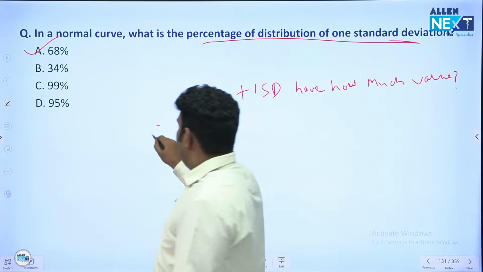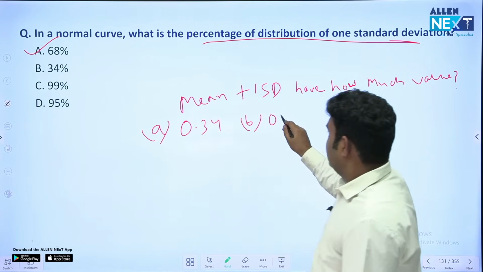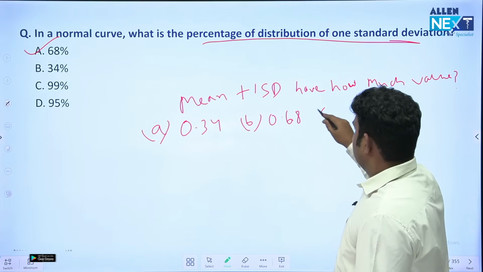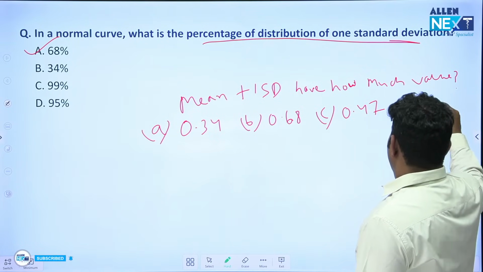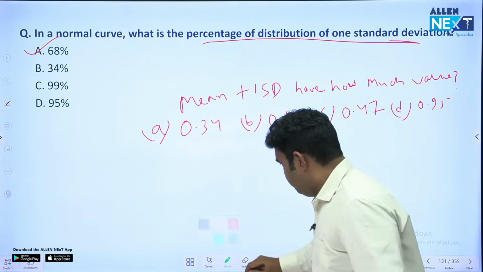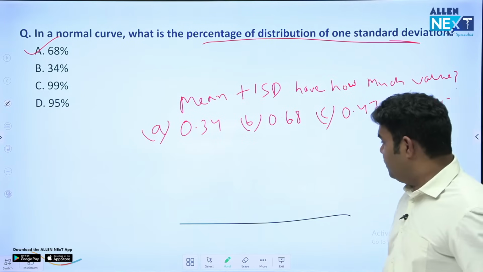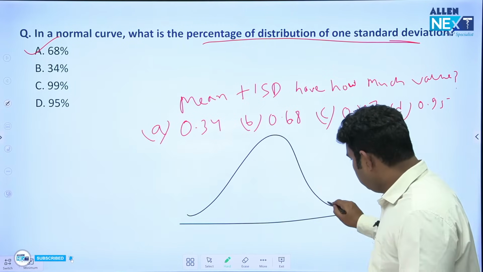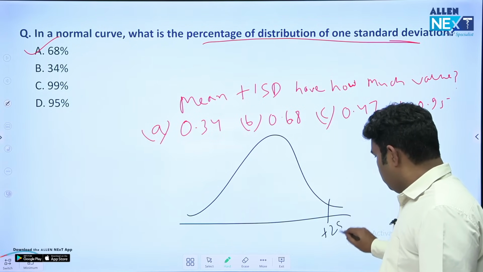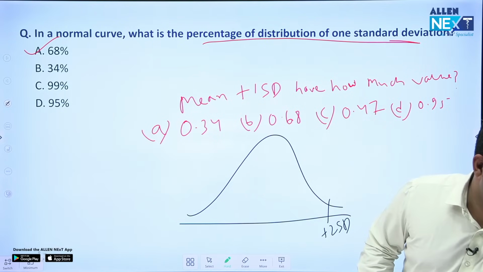Option A, will it be 0.34, 0.68, 0.47, 0.95? What is the answer? Please give the answer to this question. Mean plus one standard deviation have how much area?